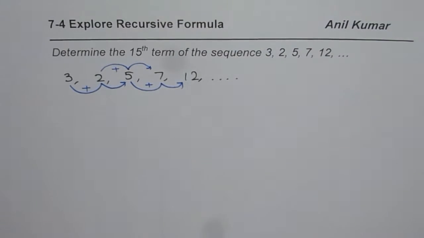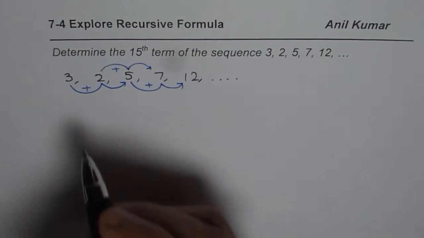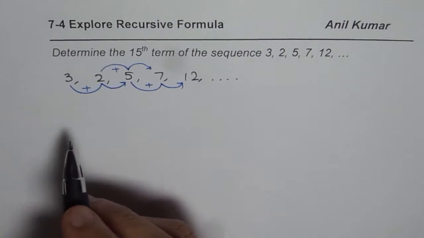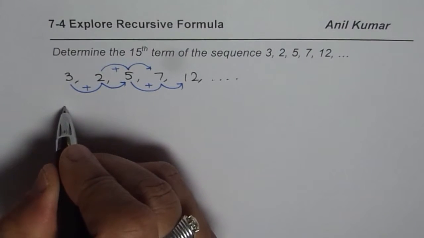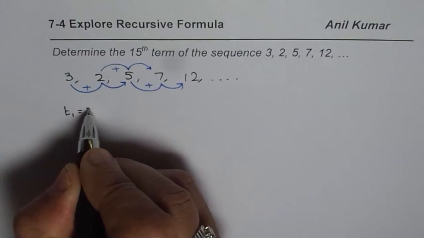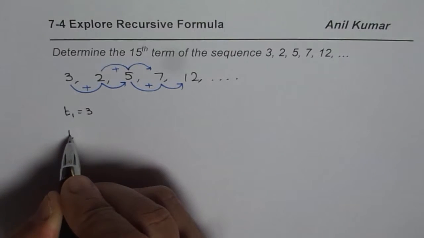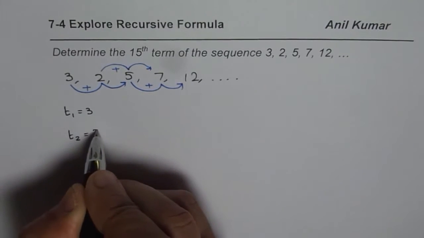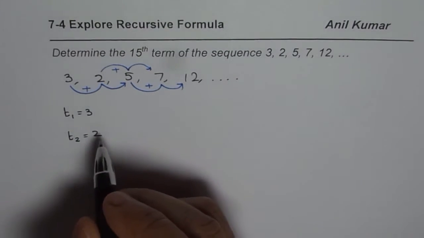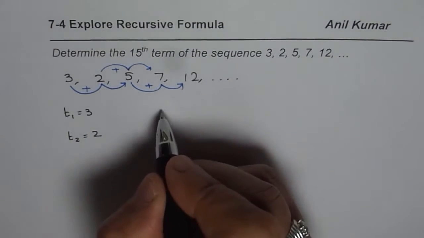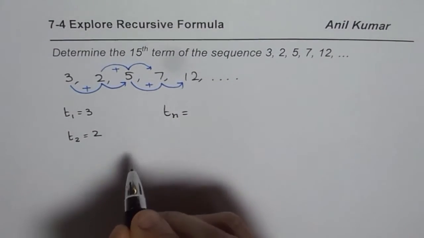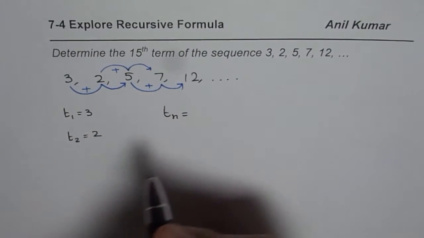So clearly, we can write the sequence in a recursive formula way. If T1, the first term, is 3, and the second term T2 is 2, then the next term is Tn equals the sum of the previous two terms.